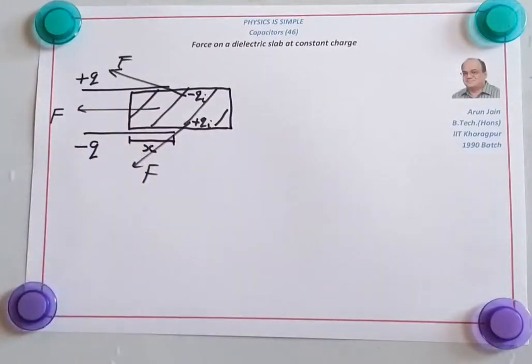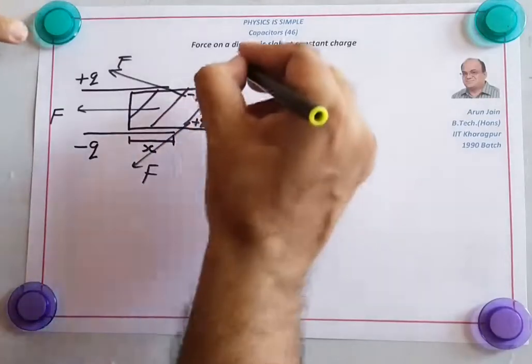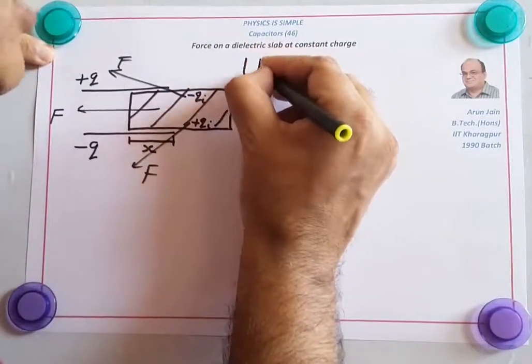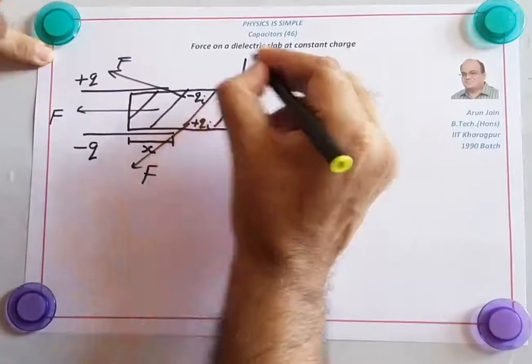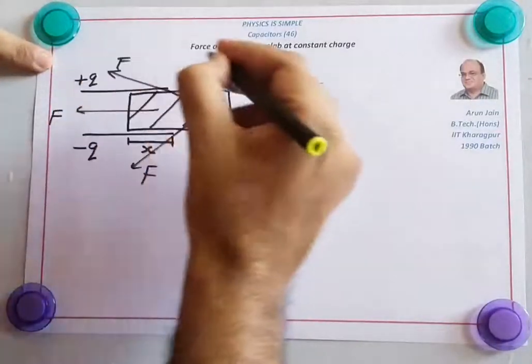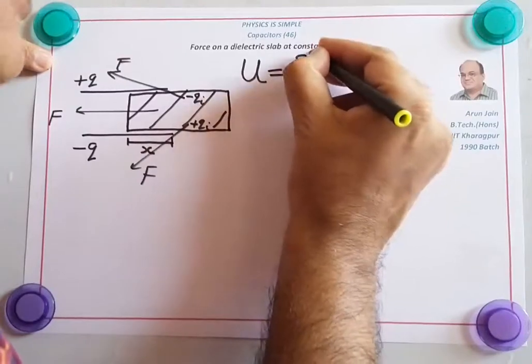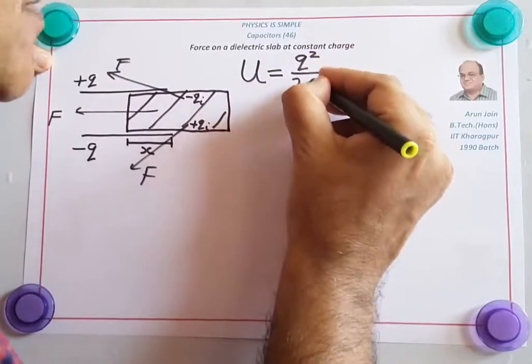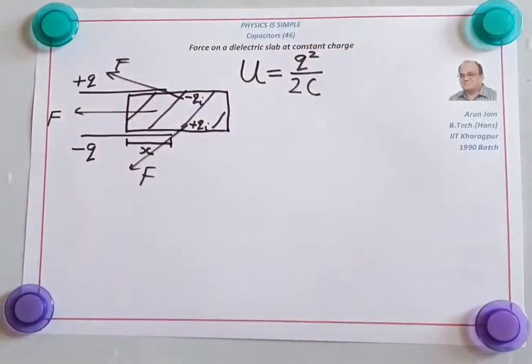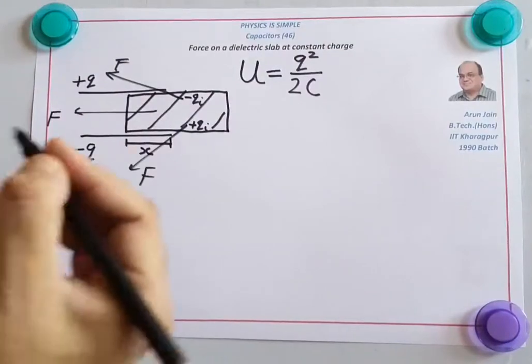Now since charge is remaining constant, we'll write the formula for potential energy in terms of Q. So potential energy stored in the capacitor will be given by Q square by 2C. Q is a constant, C is the thing that is varying.